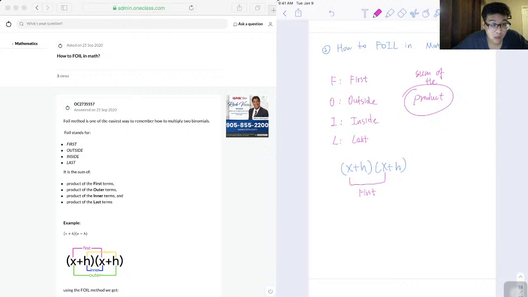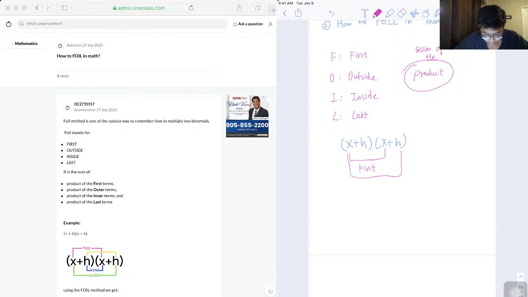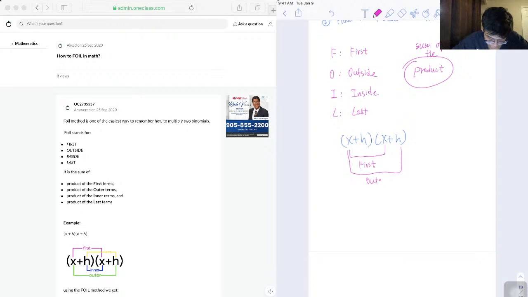And the outer terms are the two terms at the edges of the brackets, the very left-hand side and the very right-hand side. So that's going to be our outer. And hx in the opposite will be our inner. And the 2h is going to be our last term.